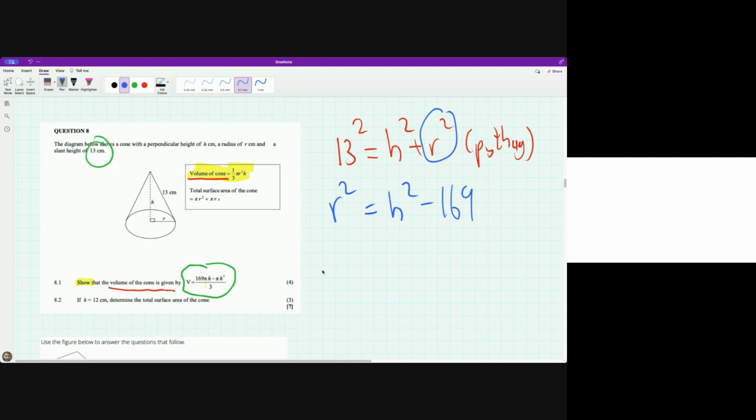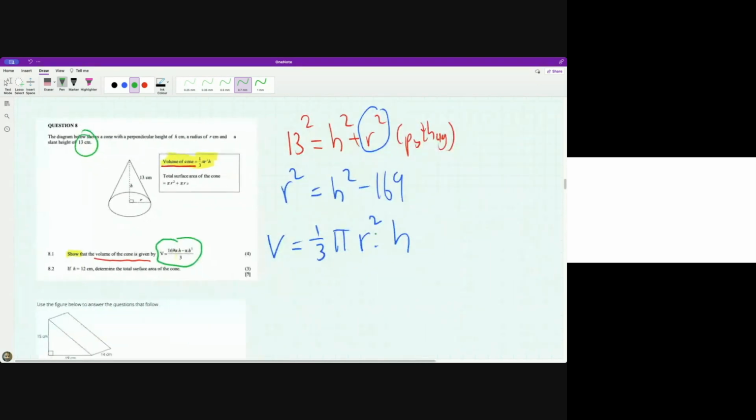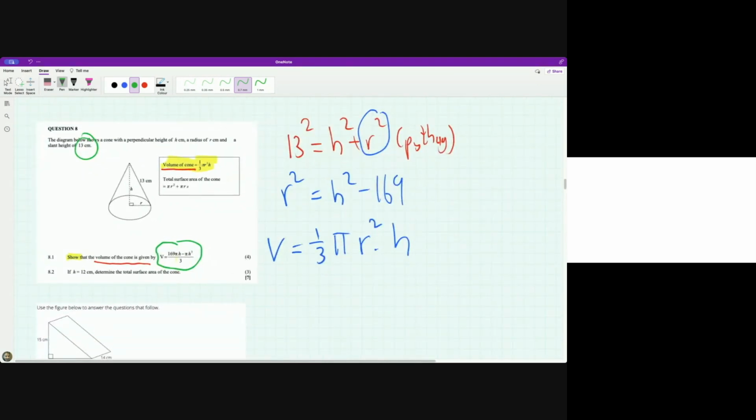Now, if I look at the volume, I have 1/3 pi, and then I have an r squared times the height. I somehow have to link the two things in blue to give me that thing over there. What would you do to link the things in blue? Can anyone see a link?